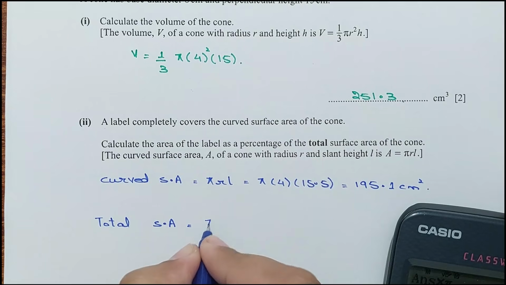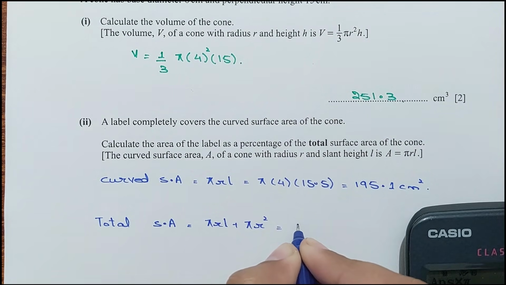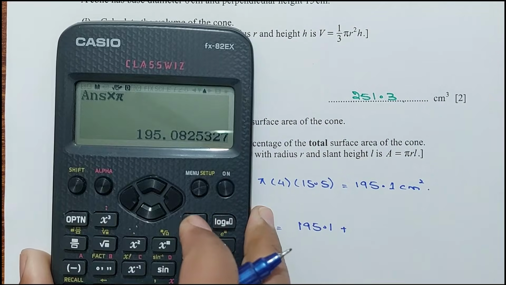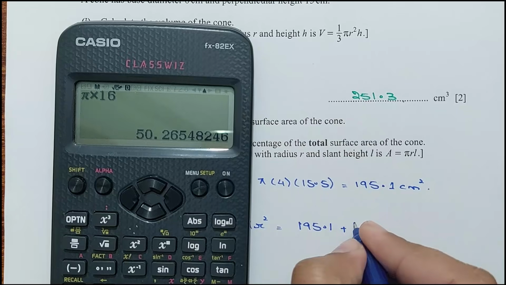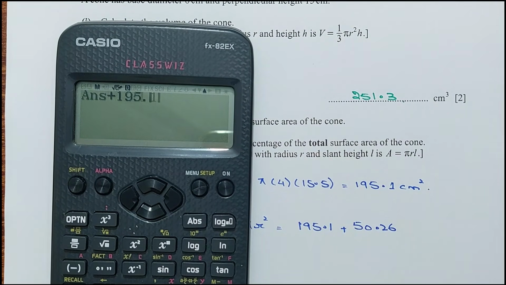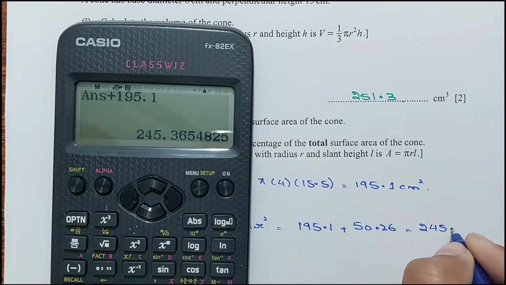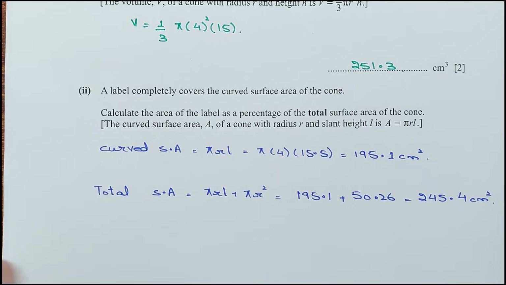The total surface area is pi r L plus pi r squared. This is 195.1 plus, radius is 4, pi times 16 is 50.26. Plus 95.1, this is 245.4 centimeters squared.